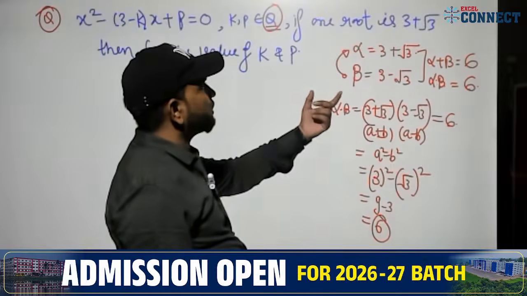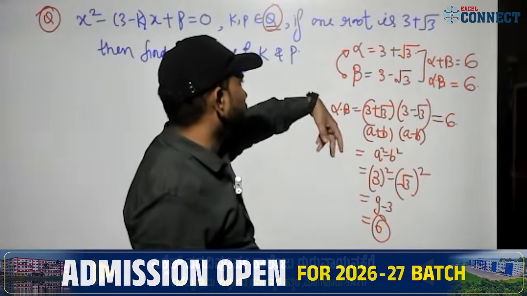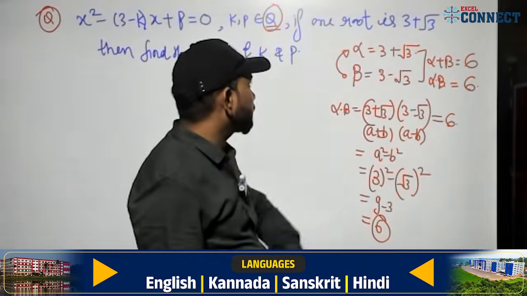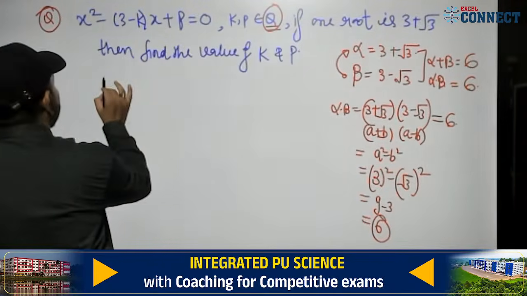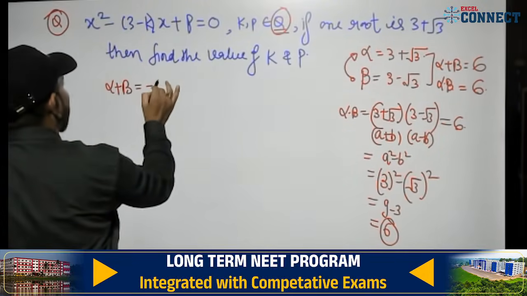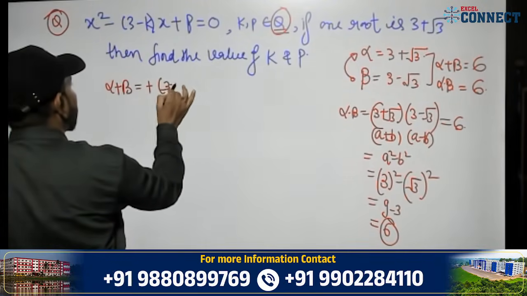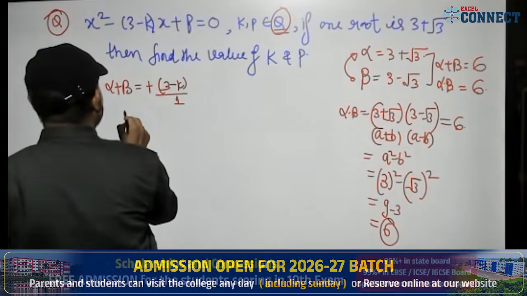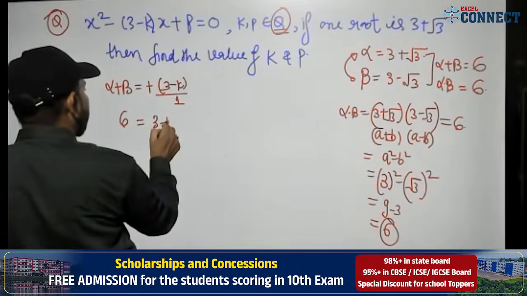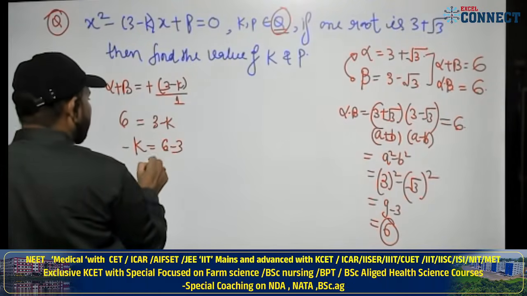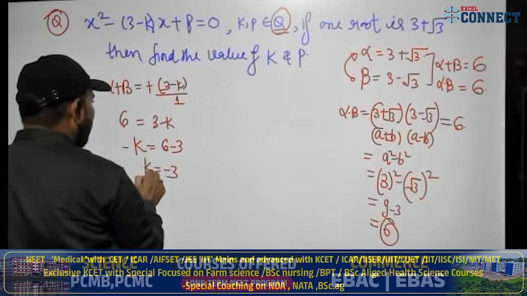Yes, correct. So alpha plus beta is equal to minus times of minus plus, so (3 minus k) divided by 1. This value is 6, so 6 is equal to 3 minus k. It means minus k is equal to 6 minus 3, so k is equal to minus 3.